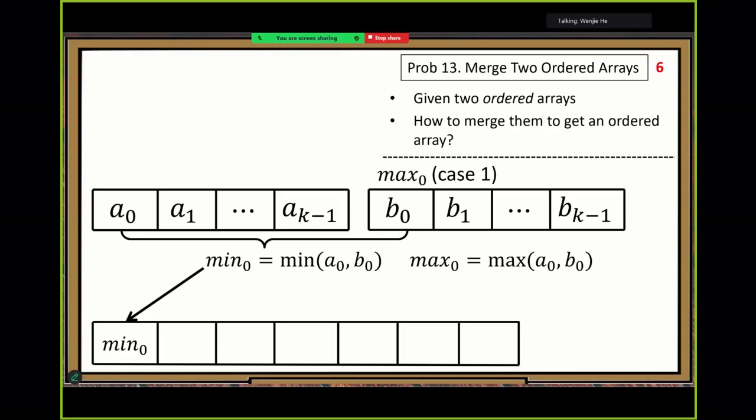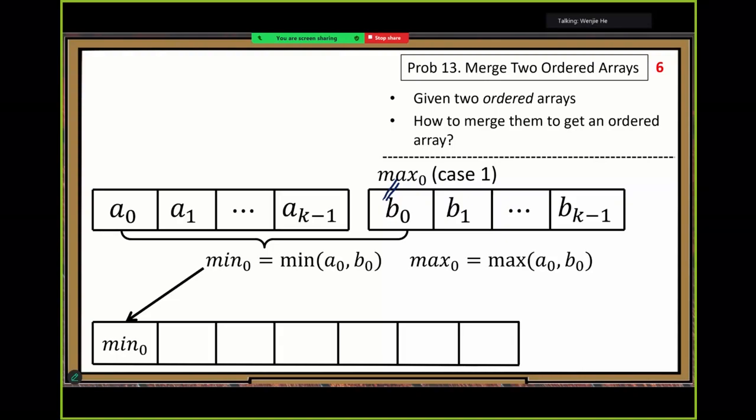The other case is similar. So B0 is this max 0. That means we should put A0 in the first position of the destination array.